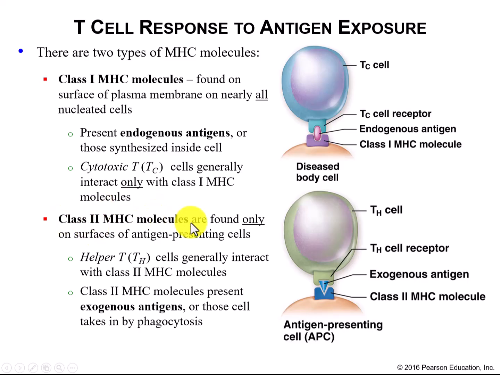Whereas our class 2 are found only on the surface of antigen-presenting cells. And so the class 2 antigen-presenting cells present to the T helper cell and then activate our T helper cell. Class 2 present exogenous antigens, those the cell takes in via phagocytosis.